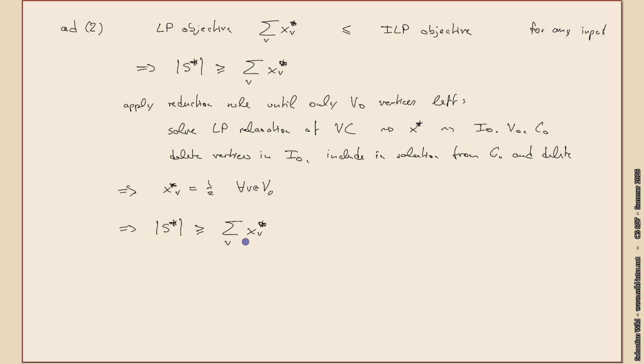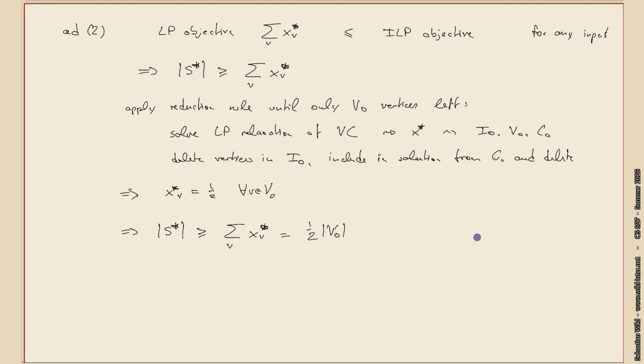And now we know exactly what this sum is. It's 1/2 the size of our vertex set, because every vertex has value 1/2. Okay? So what does that mean? It means the optimal vertex cover needs to pick at least half of the vertices in my graph.